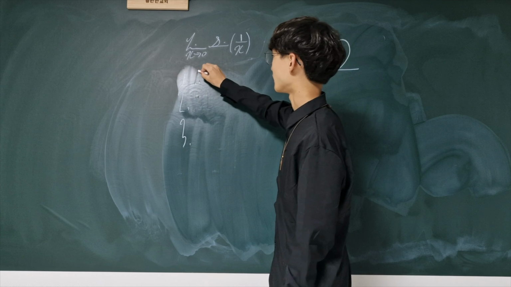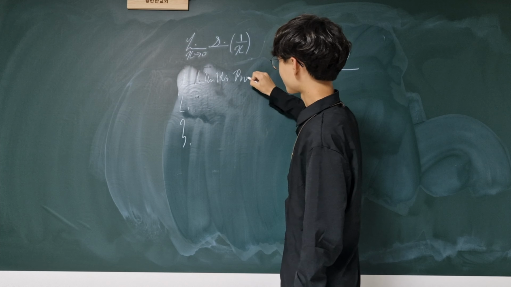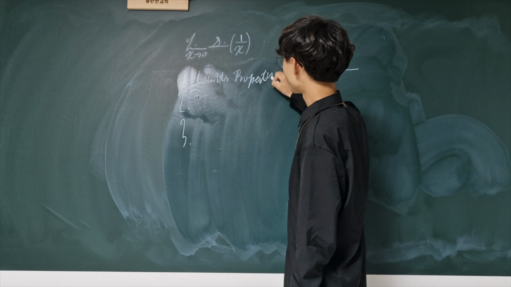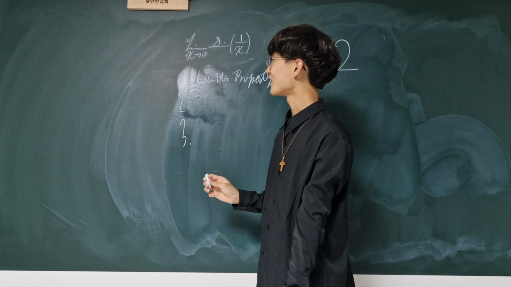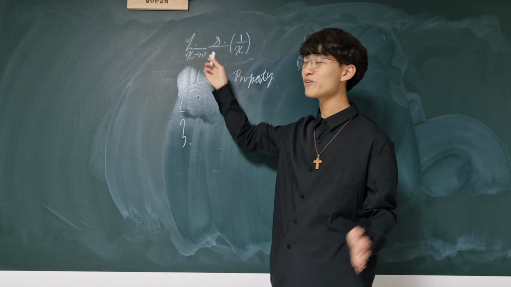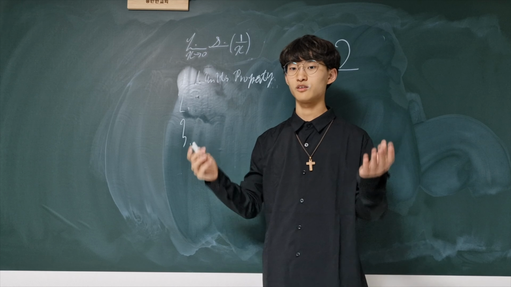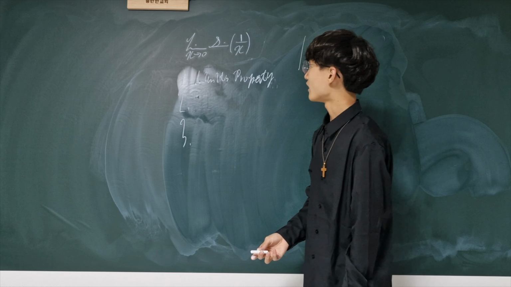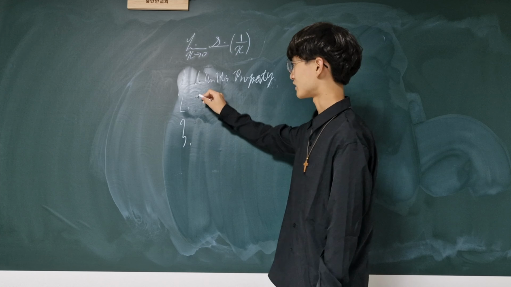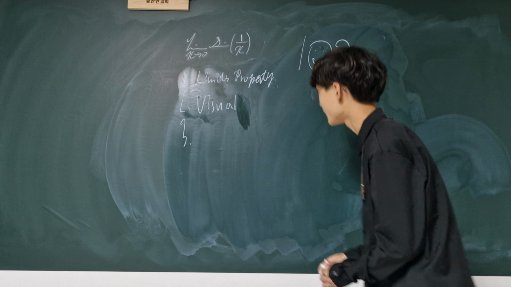using limits property. And by the way, if you're planning to leave right now, please stay because I'm going to briefly explain what a limit is, just in case you might not be familiar with limits. The second one is using the graph of sine 1 over x. I'll visually explain it.